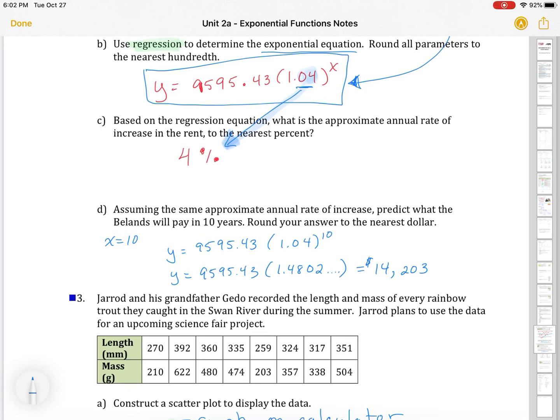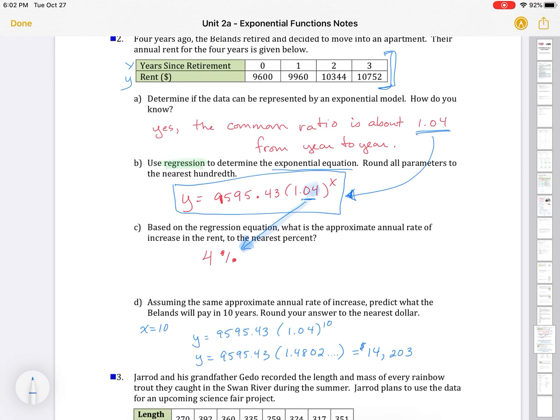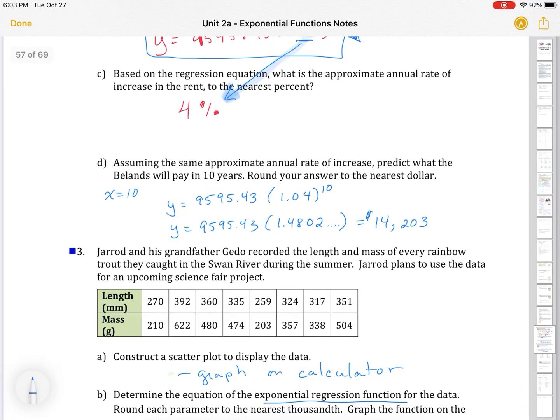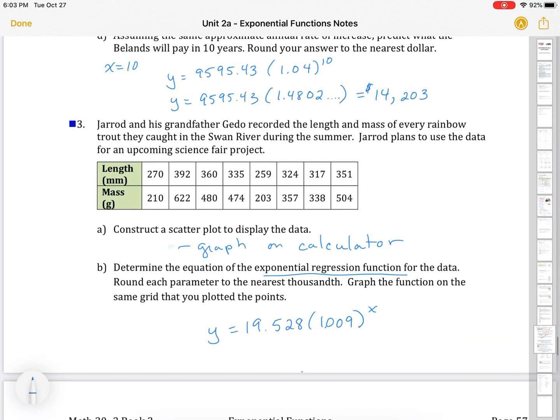But I have a feeling that when you do the regression, you get a slightly different decimal, maybe 1.039 something. So I can double check that. But if this is what you've done, it could just be an error in the answer key, or that they've rounded it, right? So keep that in mind. But that's what you would do. You would put in 10 for X and get your value for Y.